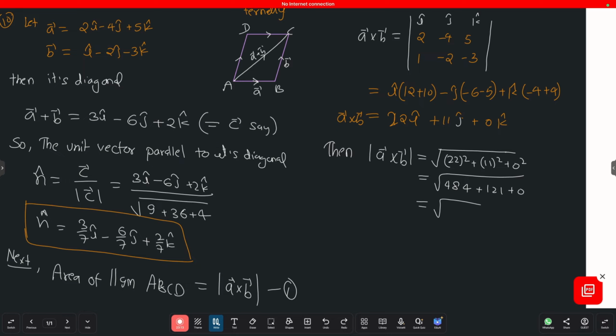So the answer is root over 605 square unit. 605 is 121 into 5, and the square root of 121 is 11. It is 11 root 5. Thus, the area is 11 root 5 square unit.